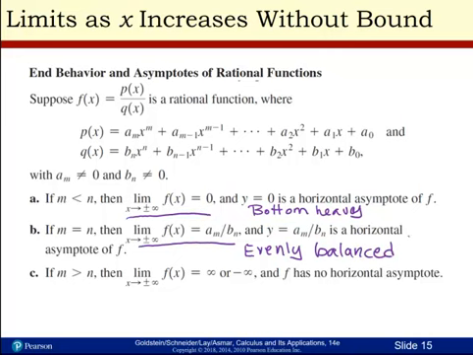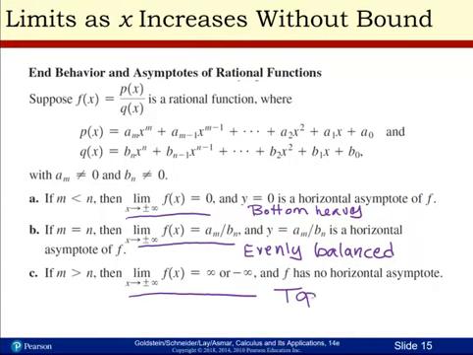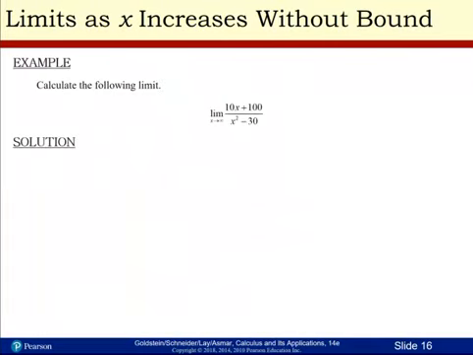And if the degree in the numerator is greater than the degree in the denominator, my limit is going to go to positive or negative infinity. I'll call those top-heavy functions. And now let's look at an example of each of those.